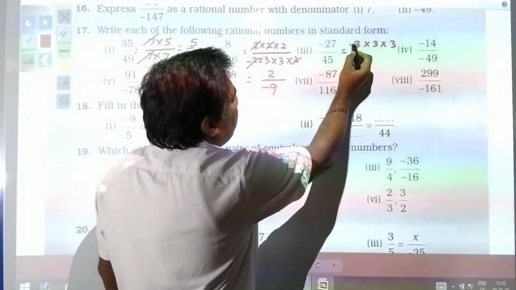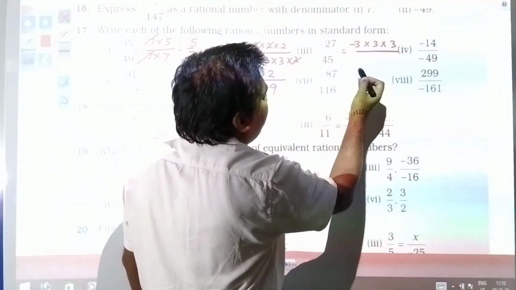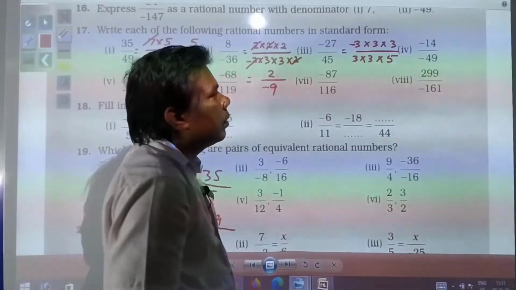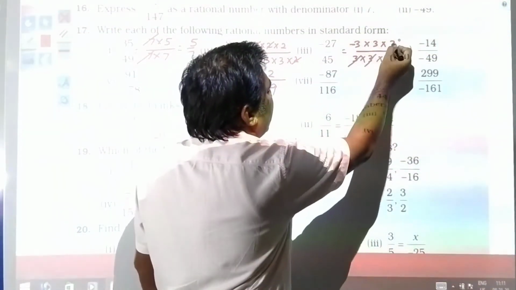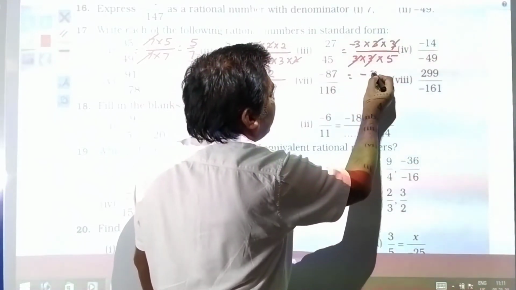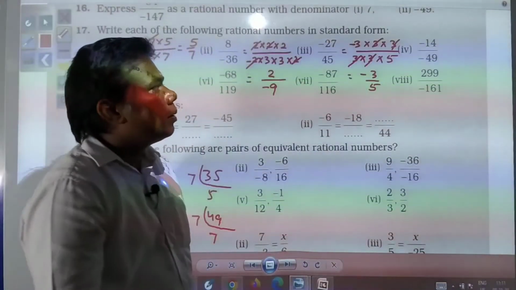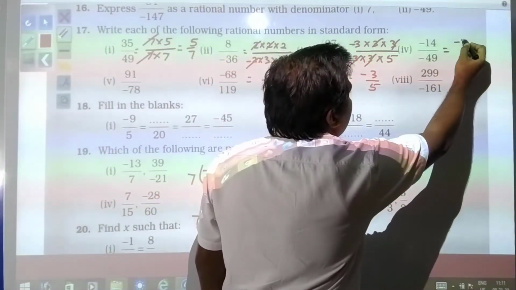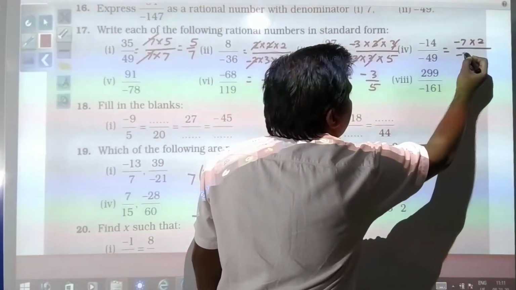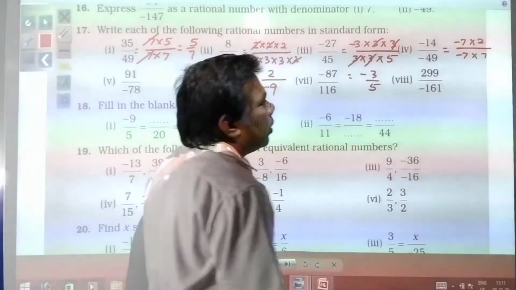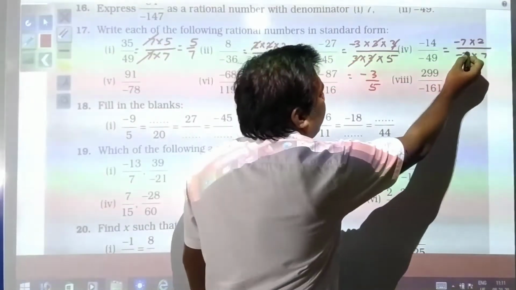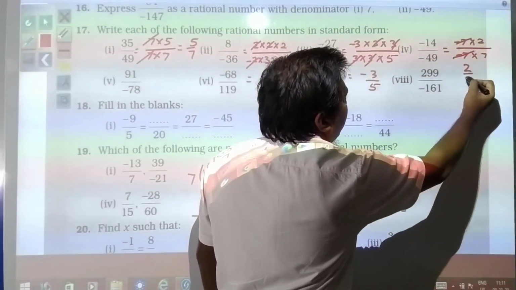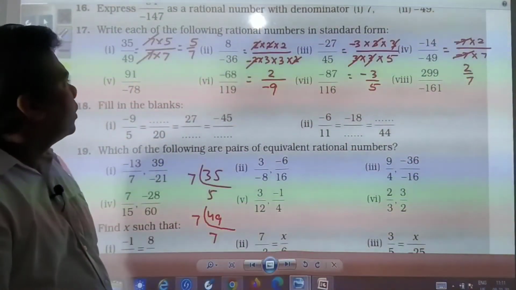Minus sign you have, then divided by 45. 45 can be written as 3 3s are 9, 9 5s are 45. Now 3 and 3 got cancelled, and you are left with minus 3 by 5. Then you have minus 14 by minus 49, minus 7 into 2 and minus 7 into 7. Then 7 and 7 got cancelled, minus and minus got cancelled, you are left with 2 by 7, and this will be your answer.